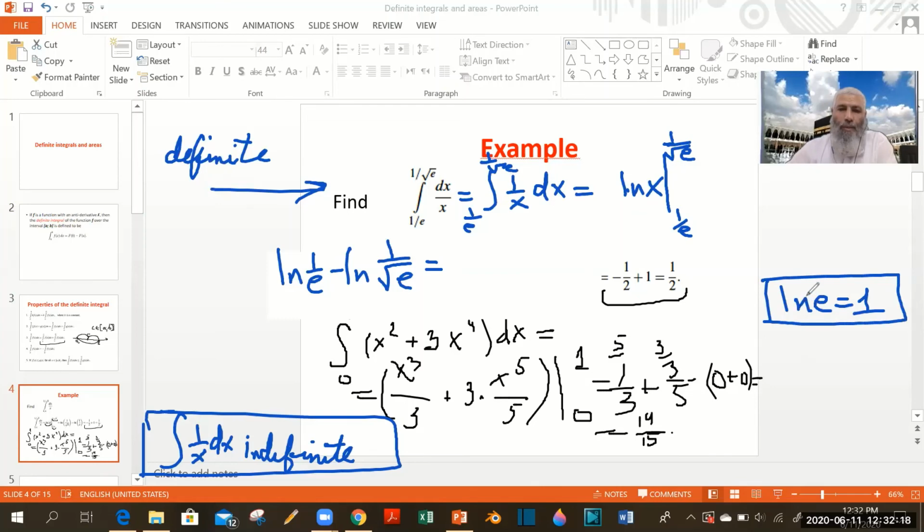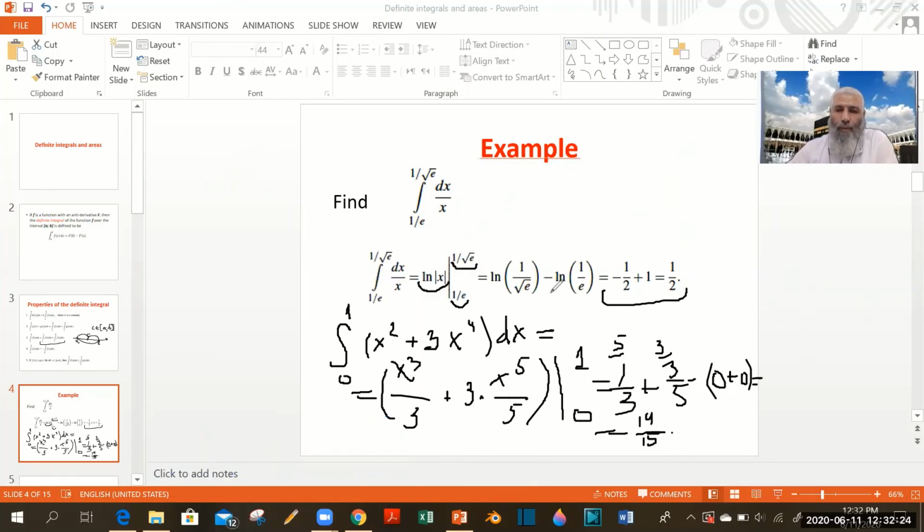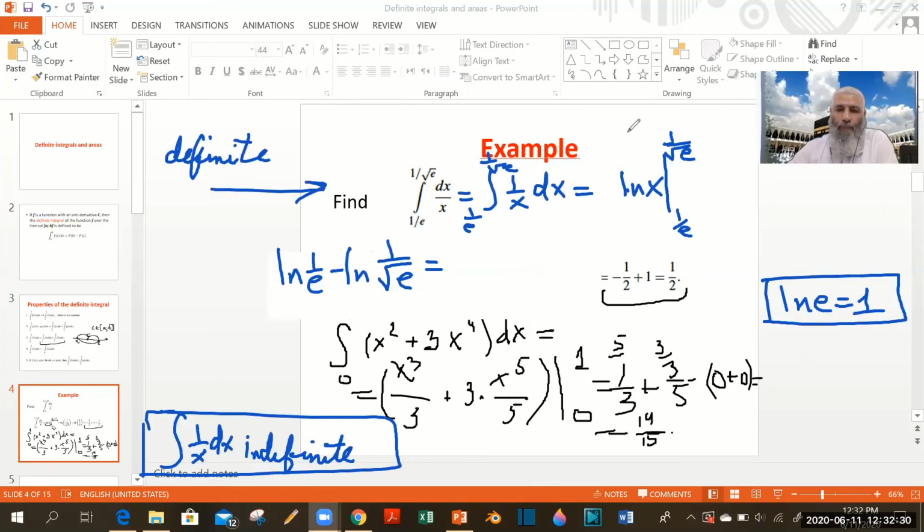And ln 1 over e is the inverse of this. I am sorry, this is b minus a, not a minus b.